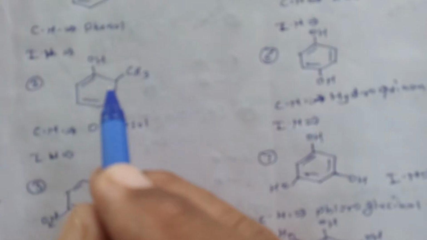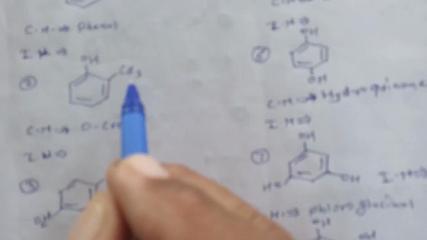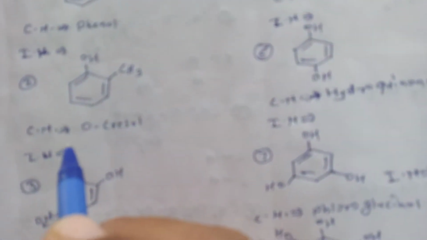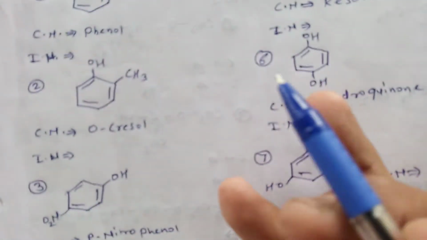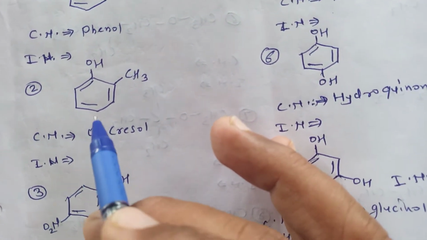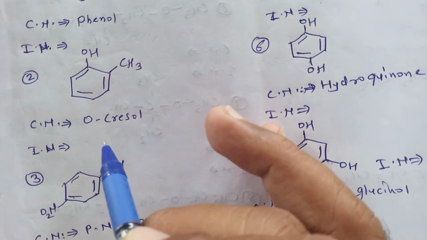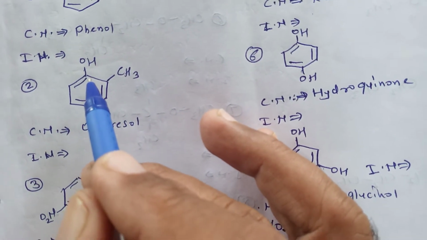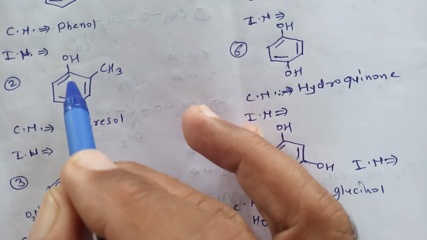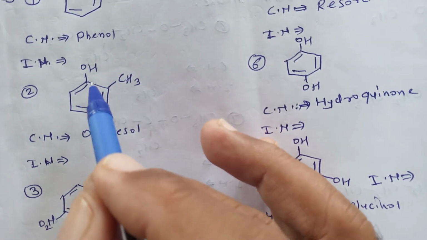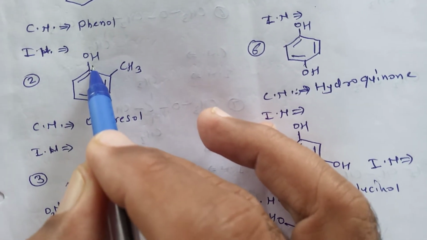In the second example, it is a disubstituted benzene, in which one substituent is a hydroxyl group and another is a methyl group. The common name of the compound is o-cresol. O for ortho; the 1, 2 position is the ortho position. For the IUPAC nomenclature of this compound, the numbering starts from the carbon which is attached to the hydroxyl group, which is always 1.